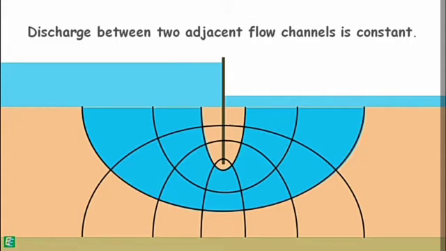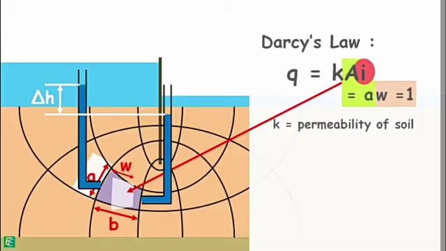Also, the discharge between two adjacent flow channels is constant. Now that we have discussed the graphical method of the flow net, we will calculate the seepage into the soil. Let the height of this flow field be small a and its length small b.